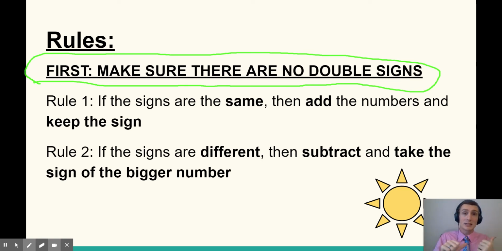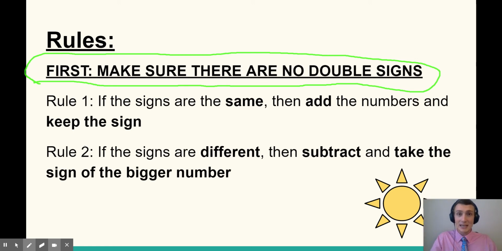So they could both be positive, which is like all the math we've done up to now, right? Or they could both be negative, like -7, -5. They're both going that direction.